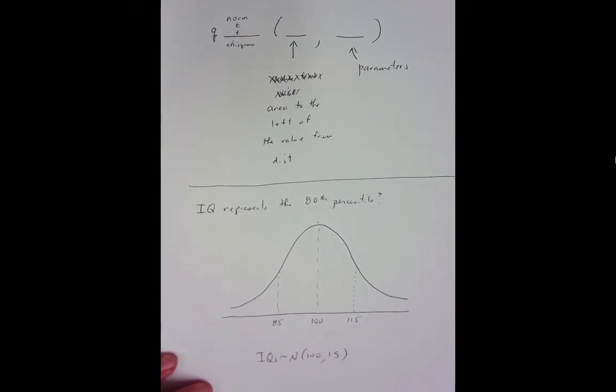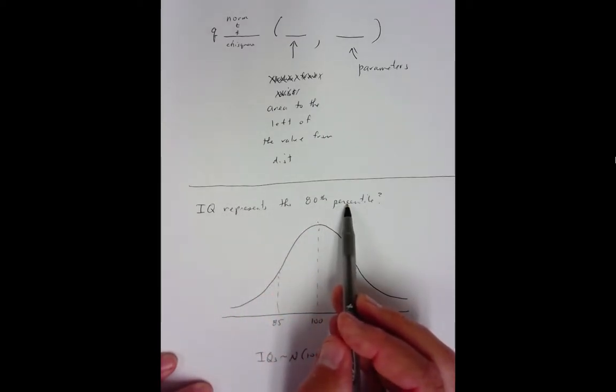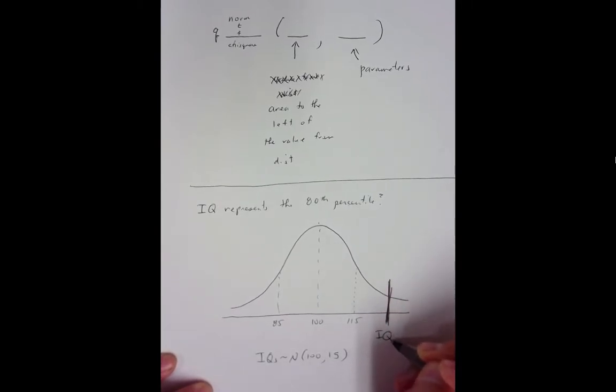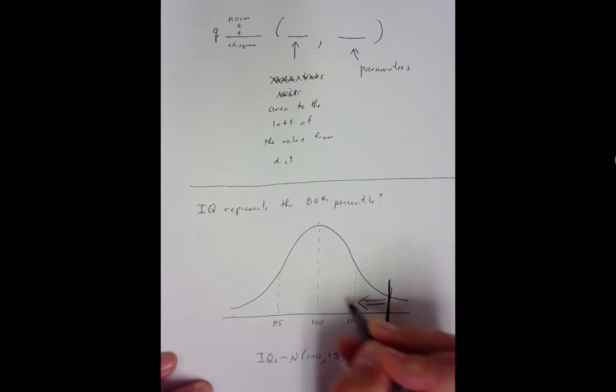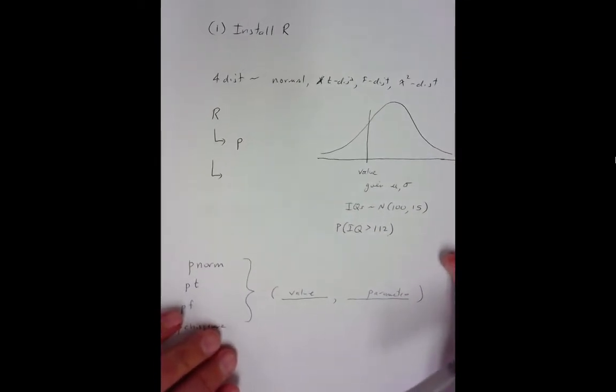But what we want to know is what IQ is the 80th percentile. Well, percentile is just what percent is at or below. So somewhere out here there is an IQ that has 80% of the distribution to the left of it, or below. Now, contrast and compare that to the p function that we had a while ago.